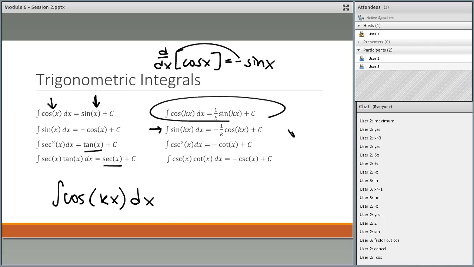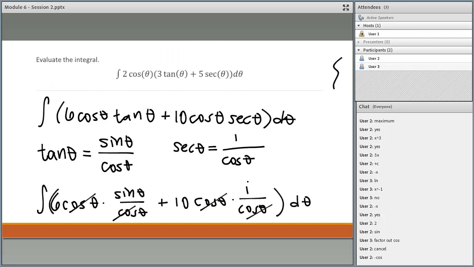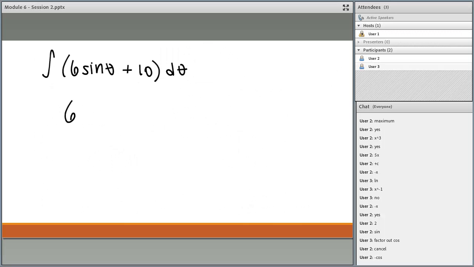Good, negative cosine. So I will put that negative in front of the 6. And what about 10? What does 10 become when I integrate it?